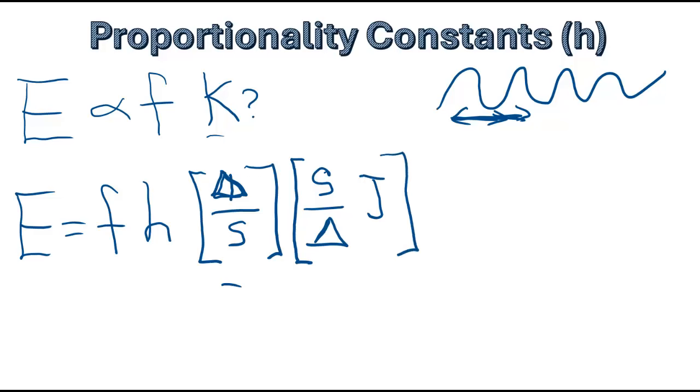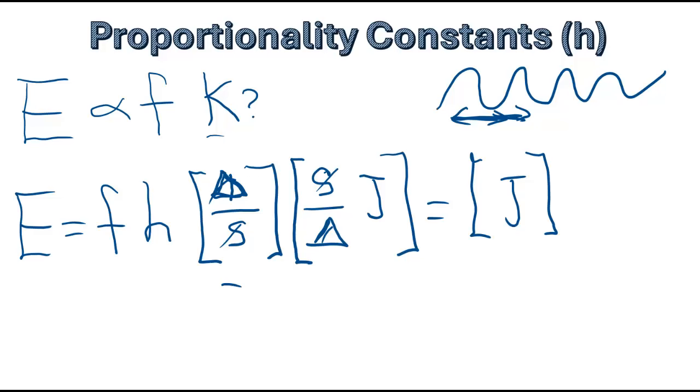Okay, so then this cancels, this cancels, and we end up with the units of the joule. So just looking at Planck's constant as a proportionality constant, which it is, we can see that these units, the units of second per cycle, are in the units of Planck's constant.